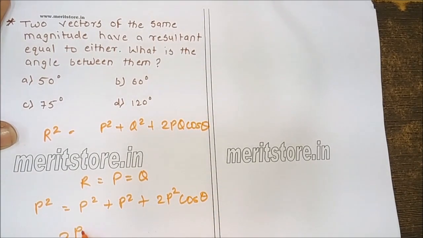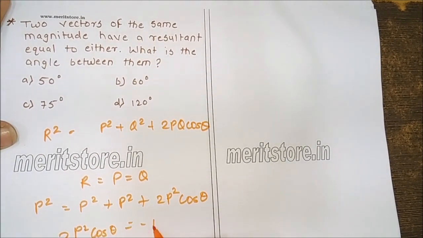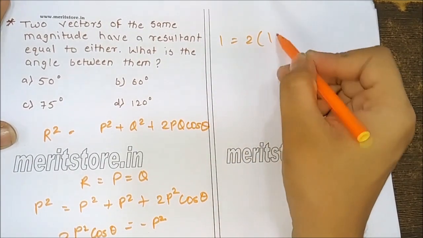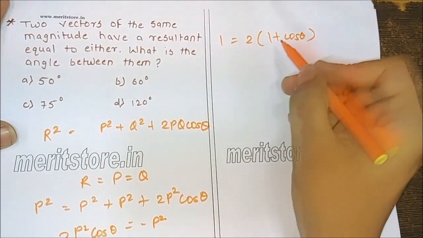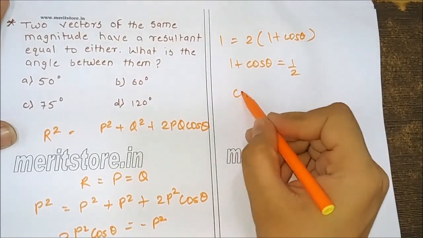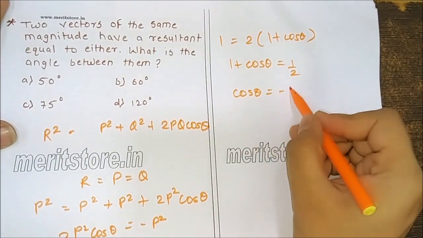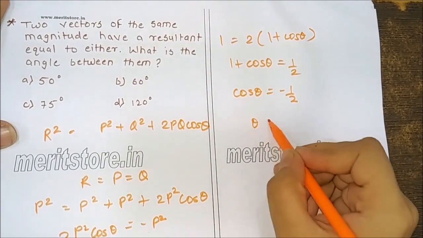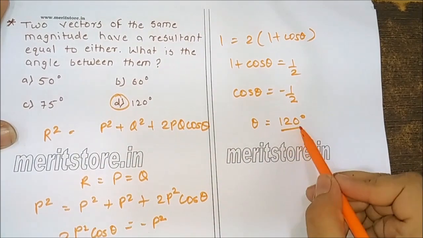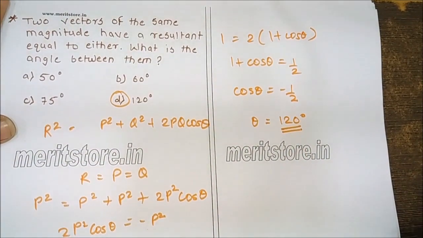So 2p square cos theta is equal to minus p square. Substituting the values, 1 is equal to 2, 1 plus cos theta. So 1 plus cos theta is equal to 1 by 2. Cos theta is equal to minus 1 by 2. So value for theta is equal to 120 degree. So option D, 120 degree is the correct answer.